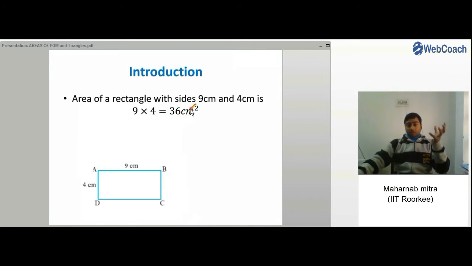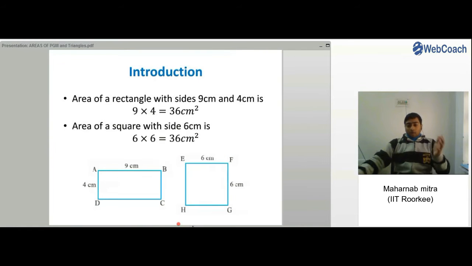Area of a rectangle with sides 9 cm and 4 cm is 9 into 4, which is 36 cm square. You can see here 9 into 4, 36 cm square, the area of this rectangle. Now if we find out the area of a square with side 6 cm, we actually get the same area, 36 cm square, 6 into 6.